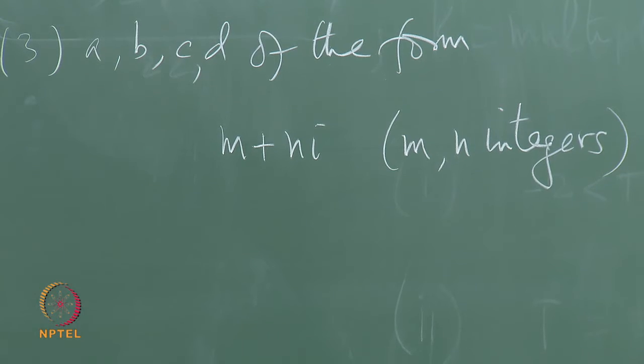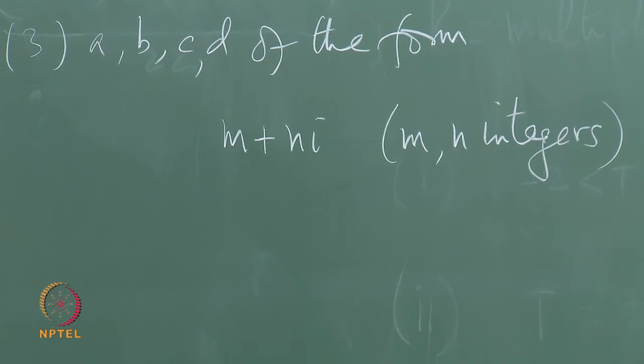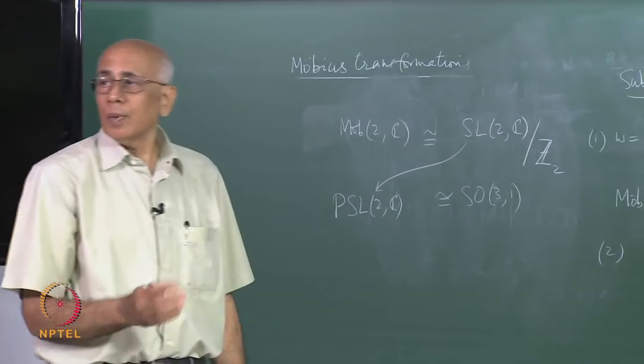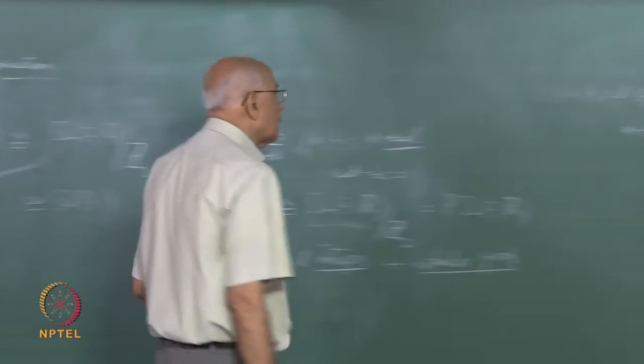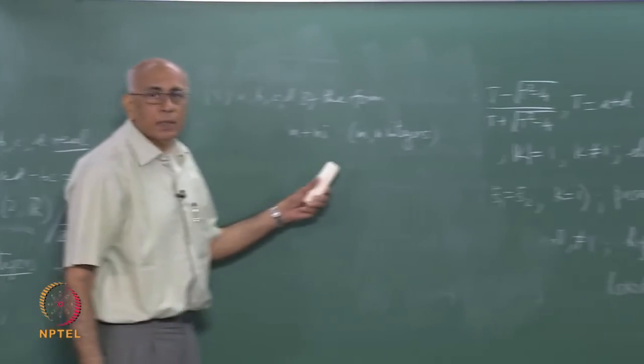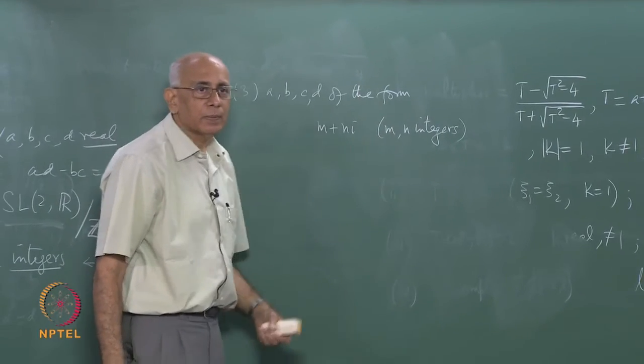These are called Gaussian integers, where you have a complex number in which the real part and the imaginary part are both integers. They too form a group. So all transformations in which A, B, C, D are restricted to Gaussian integers form a group among themselves.